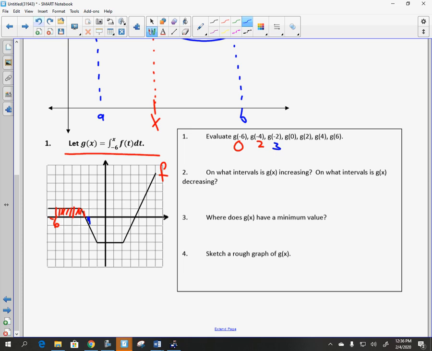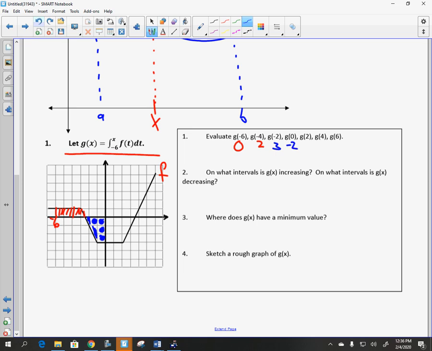So now I'm going to collect the area up to 0. So I get another -1, a -2, a -3, a -4. Would you say that those two together make -5? So if I collect -5, then what is g of 0? It's -2.